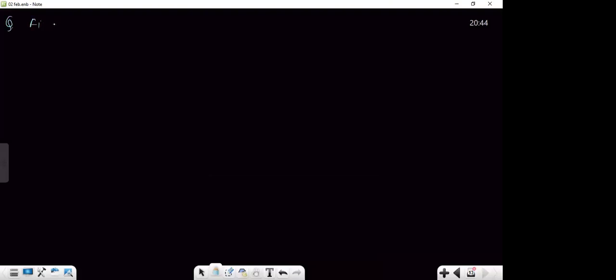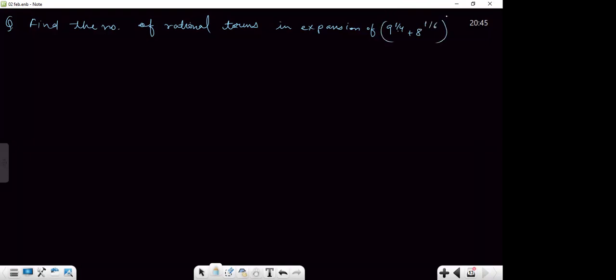The question says we have to find the number of rational terms in the expansion of (9 raised to power 1 by 4 plus 8 raised to power 1 by 6) whole raised to power 1000.